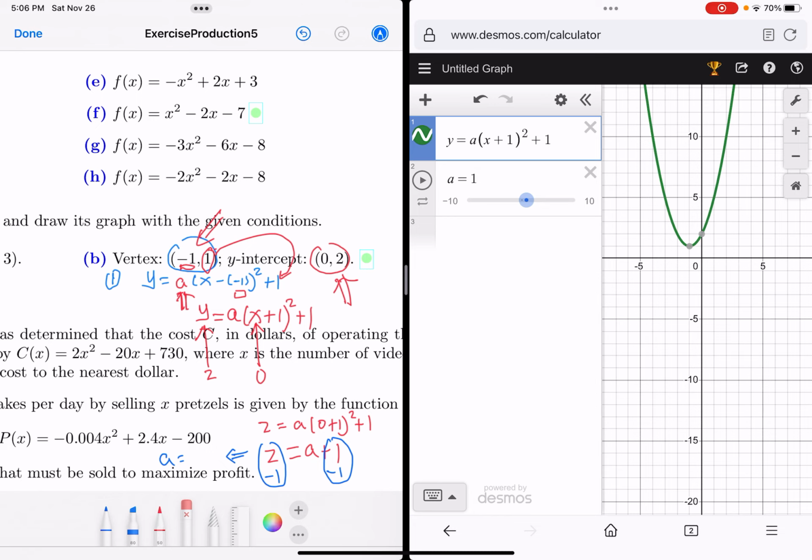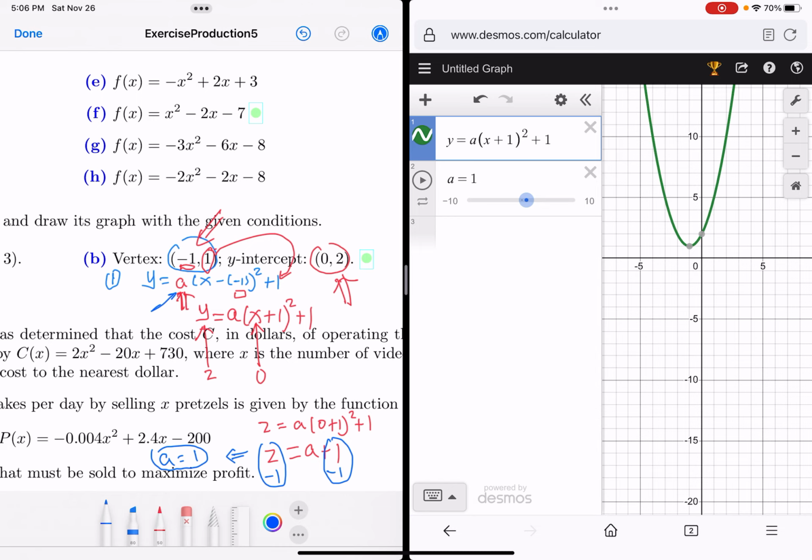Let me erase that. A equals 1. This is how we find out this a in an algebraic way.